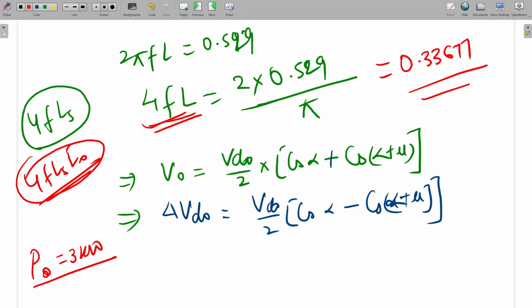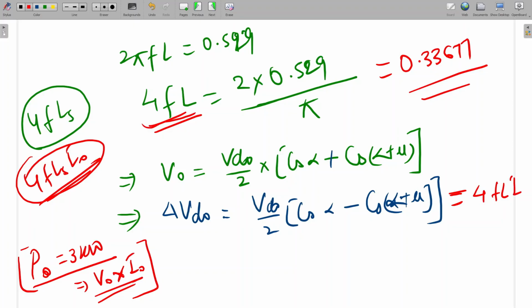What is P naught? P naught we can write as V naught into I naught. This information is given, and this is 4FL I naught. Now we can use this information and put them into each other.